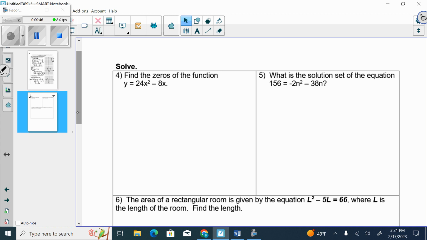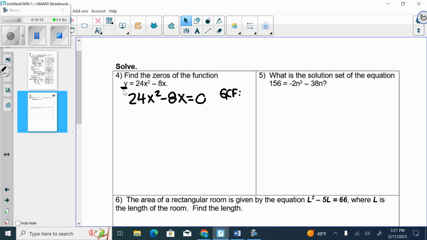Okay, so I can say that 24x squared minus 8x equals 0. There's not anything over here I have to move, right? Okay, so it's equal to 0. Now what do I do? Factor it. And what do we look for first? GCF. Alright, so I'm looking for a GCF between 24x squared and negative 8x.